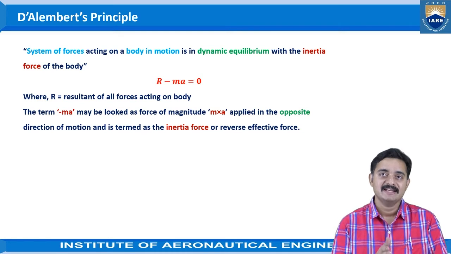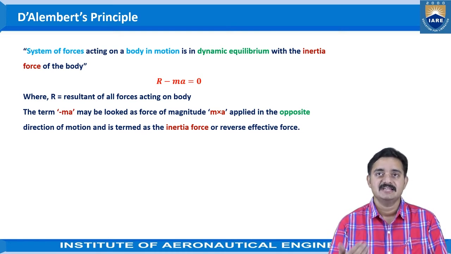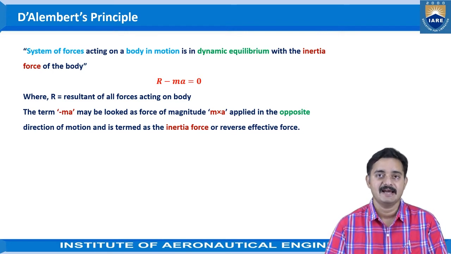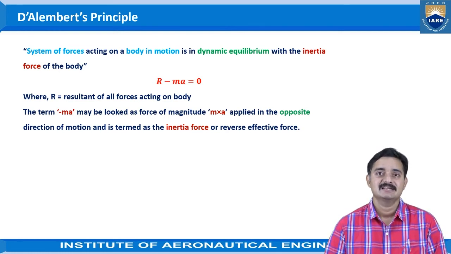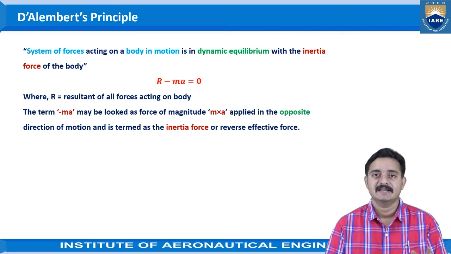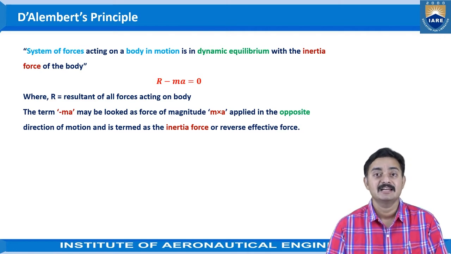So this term minus ma is called the inertia force. The statement given by D'Alembert is R minus ma equals 0. So wherever movement is considered and forces are involved in the system, the inertia force comes into the picture. Whenever we are solving kinetic problems, we need to involve the inertia force so that the total system will be in dynamic equilibrium.